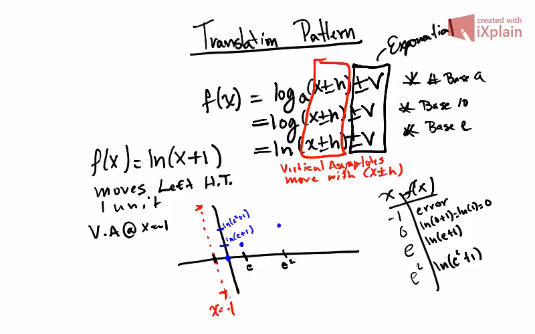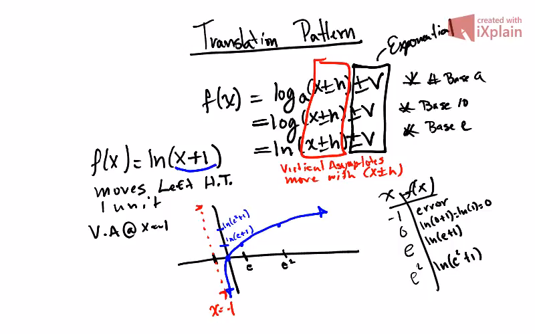So if you look at it, it's going to be a natural log graph, and it's literally that easy. Just by looking at it, we see that it moved to the left 1 unit. If I move it up or down, it's not going to really matter.